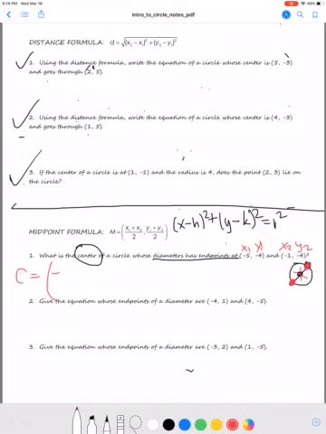So my midpoint, or my center, is going to be, we're just going to plug everything into the midpoint formula. So x1, -5, plus x2, -1, over 2, comma, y1, -4, plus y2, also -4, over 2. Remember, we're adding.